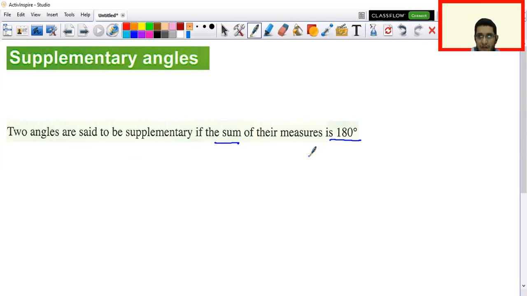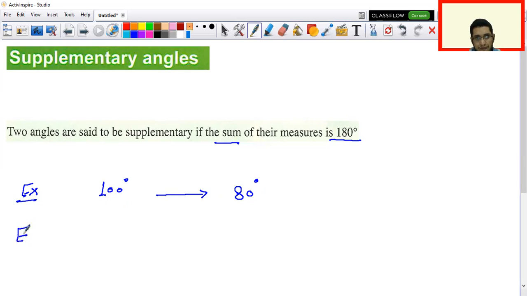Complementary 90, supplementary 180. For example, if I have an angle of measure 100 degrees, therefore its supplementary is 180 minus 100 equals 80 degrees.